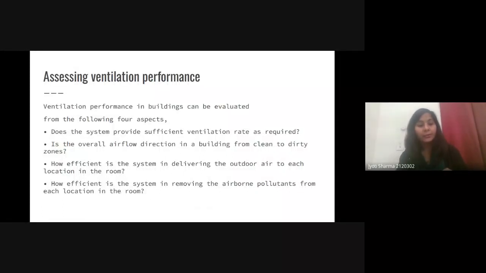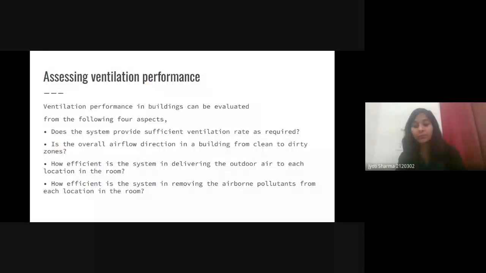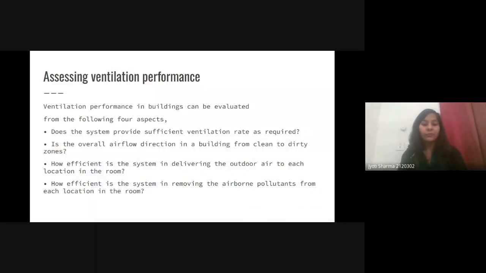This is important. Then how efficient is the system in delivering outdoor air to each location in the room, and how efficient is it in removing airborne pollutants from each location in the room? If there is a high efficiency of removing the unwanted pollutants, then obviously the ventilation is good at your home.